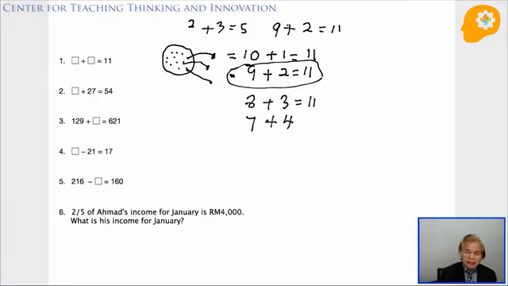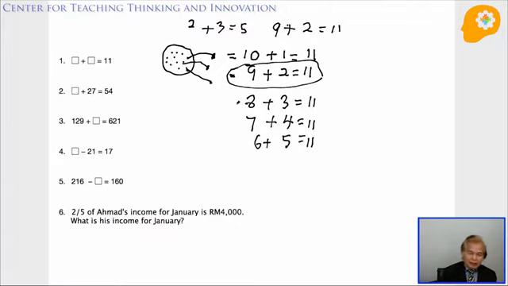Or if he still can't figure it out, then you have to ask him to count. So 7 plus 4 equals 11, until he gets as many ways as possible, like 6 plus 5 equals 11. So these are the various ways of getting 11, tell him.